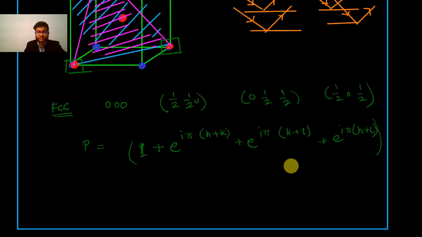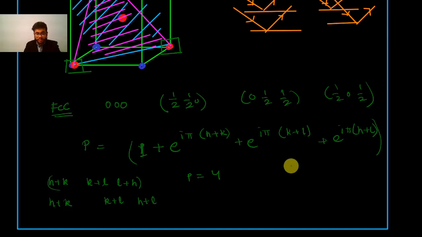For non-zero P, we can obviously have h plus k, k plus L, and h plus L all even. That is one condition that will give you P equals 4. Or maybe h plus k is even, k plus L is odd, h plus L is even, so one of them is odd.